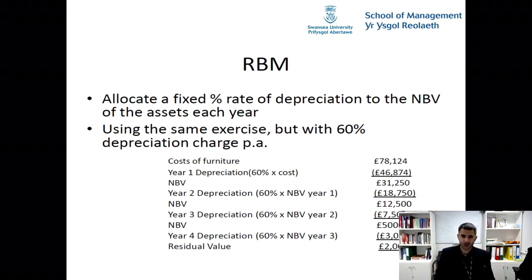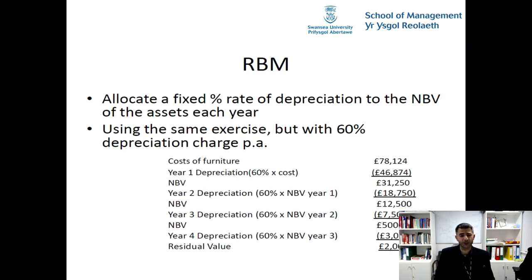Again, when it comes to year three, you multiply the 60% by the net book value at the end of year two, which is 12,500 times 60% equals 7,500. So 7,500 is the depreciation in year three.